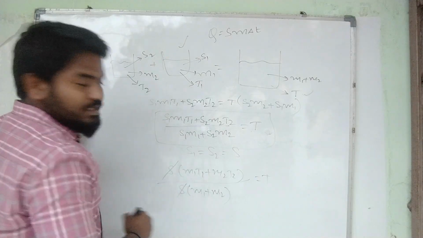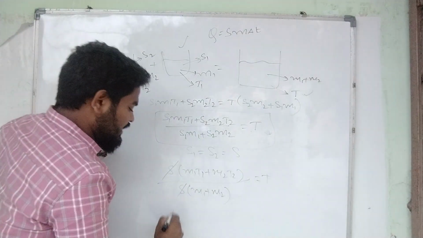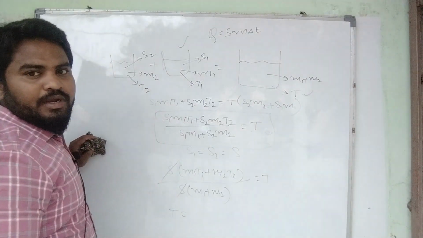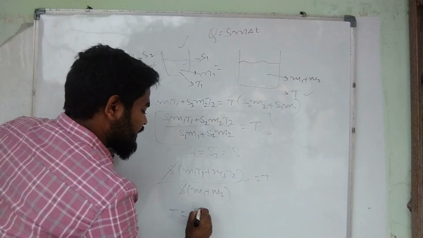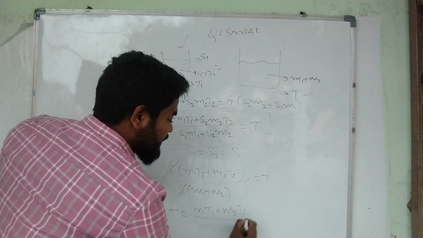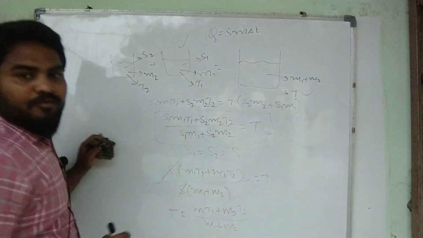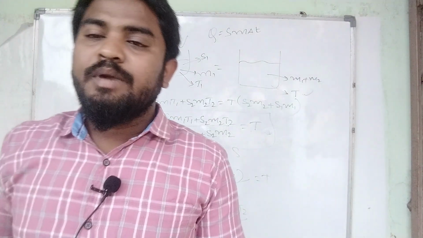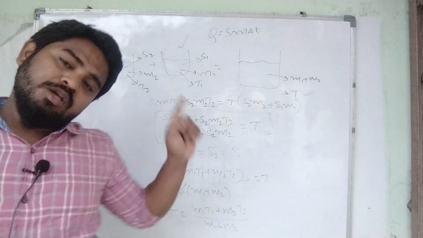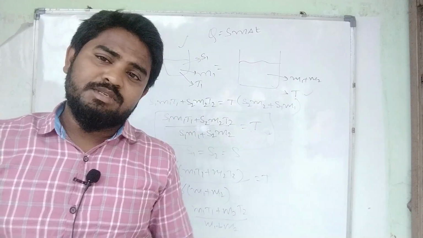Now S gets cancelled, and finally you get the final temperature T equals (M1 T1 plus M2 T2) divided by (M1 plus M2).